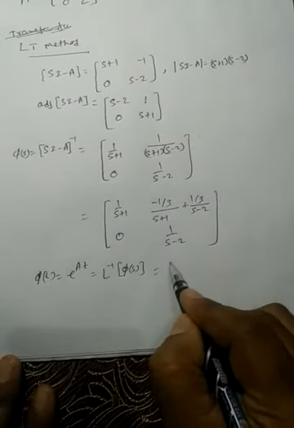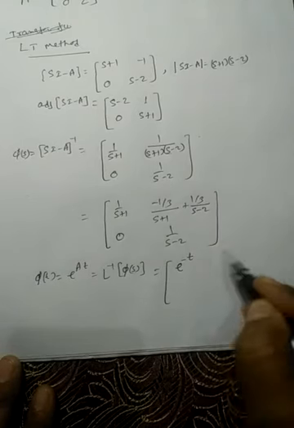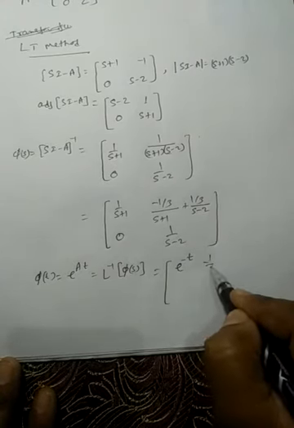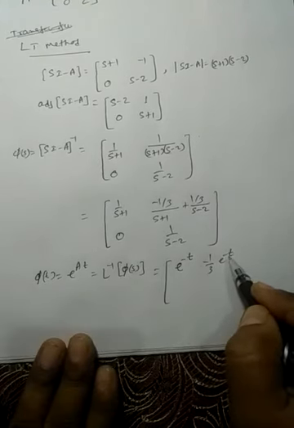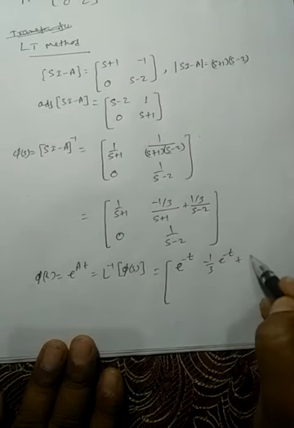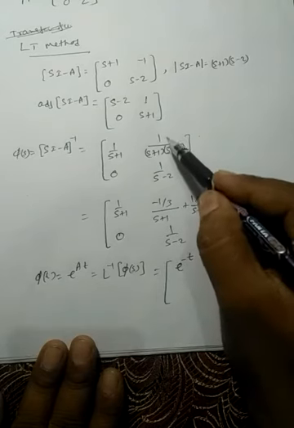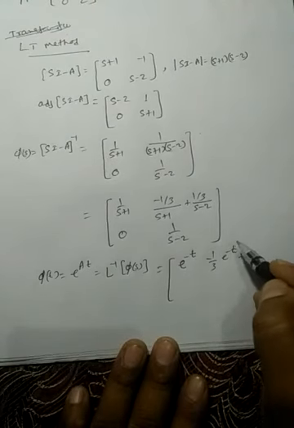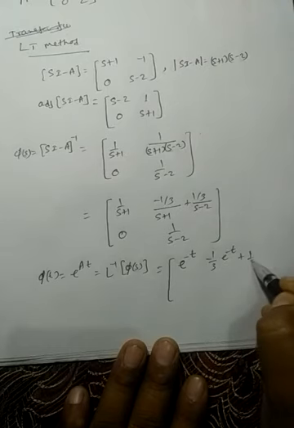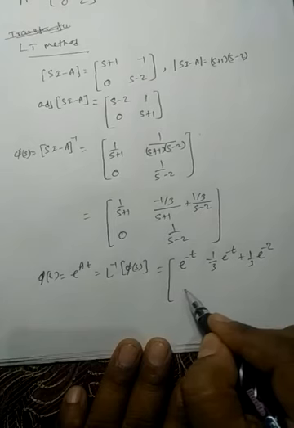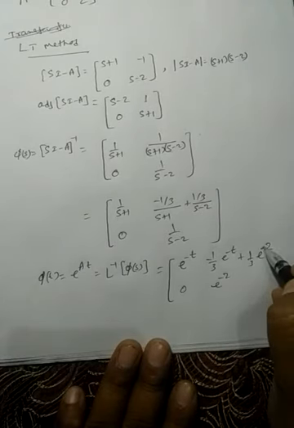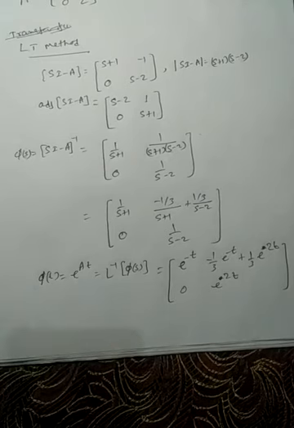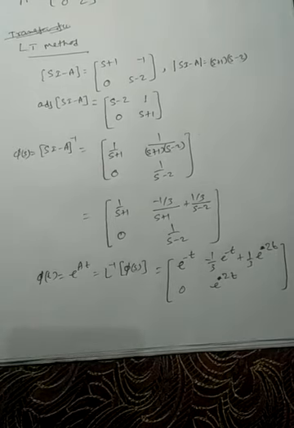So L inverse of phi(s) will be [e raised to minus t, -1/3 e raised to minus t + 1/3 e raised to 2t; 0, e raised to 2t]. This will be our phi(t).